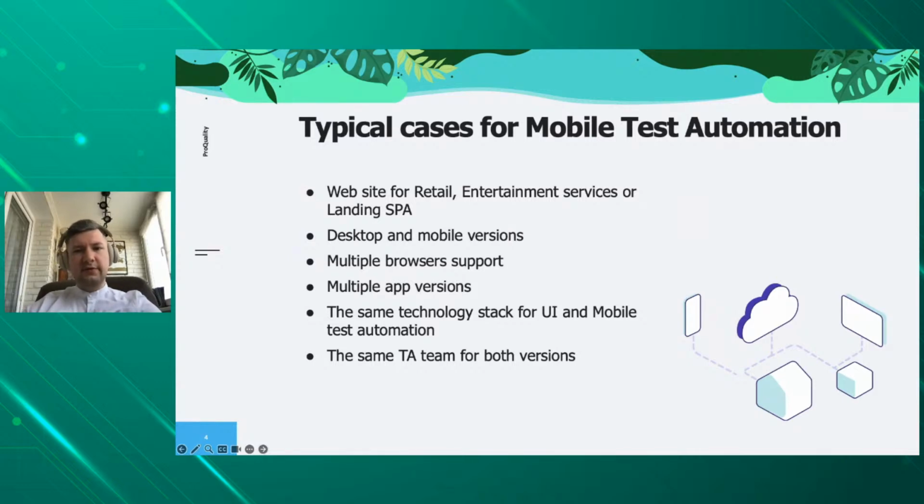And at the end, you will face the same situation which I mentioned before: you will have your already existing desktop version tests, written with some framework like Selenium or any web automation framework, and then you will need to write and adjust your tests for mobile.